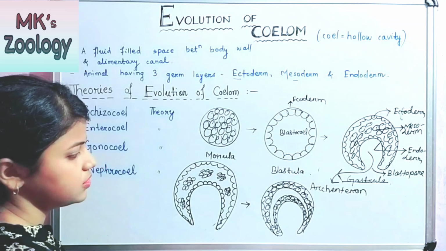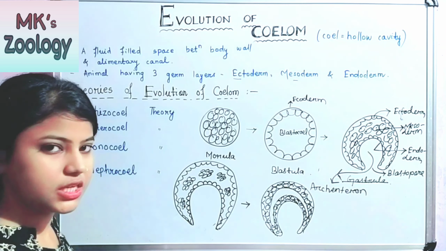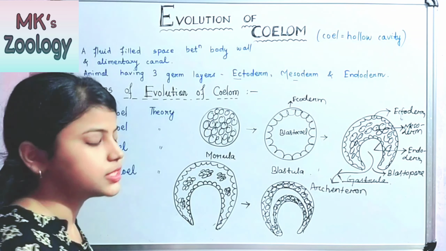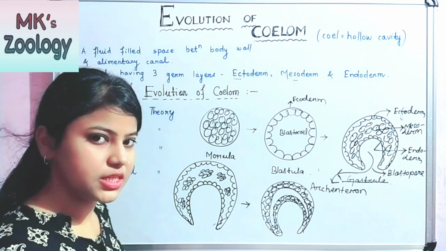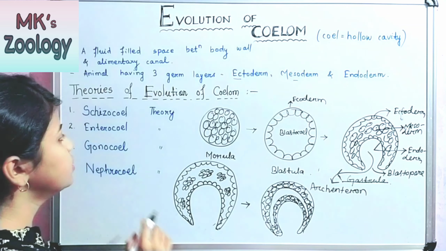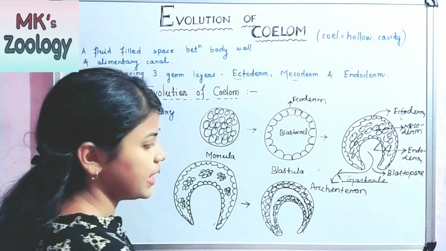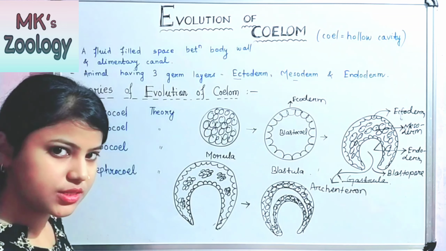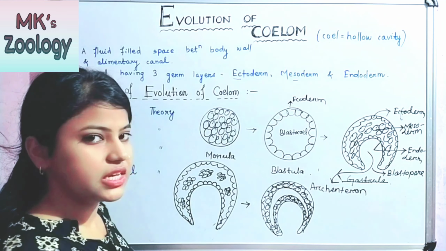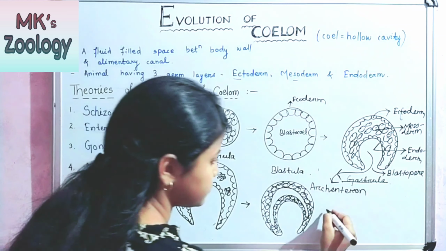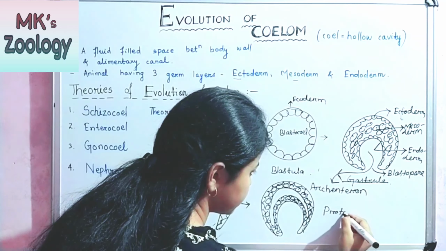Okay, here coelom is formed by the splitting of mesoderm. Remember this. Coelom is formed by the splitting of mesoderm. So, in the schizocoel theory, these are the schizocoelomate. The organisms which are formed are known as schizocoelomate, and this is seen in protostomes.